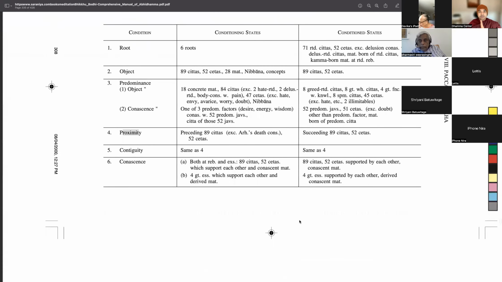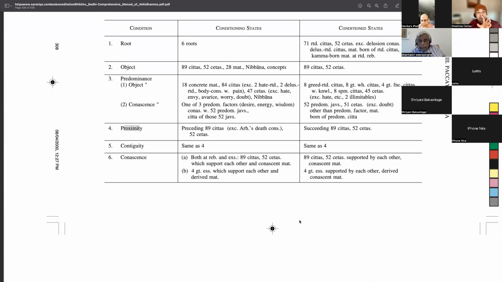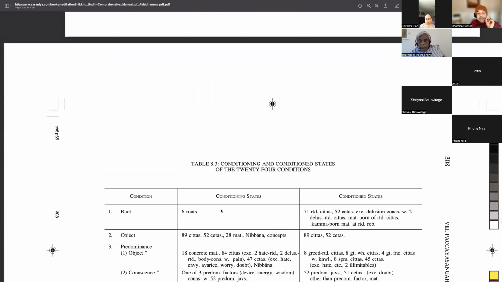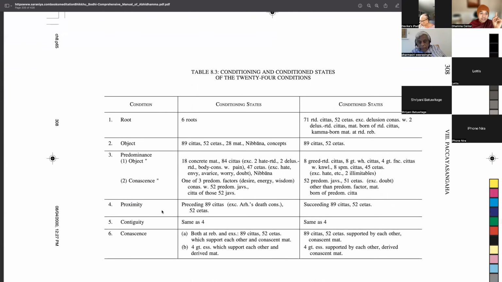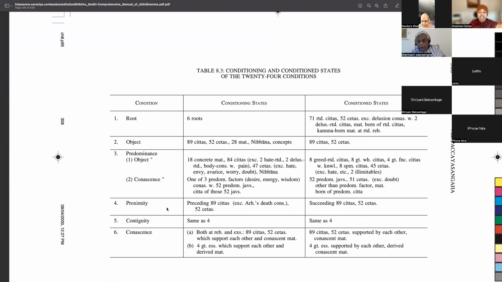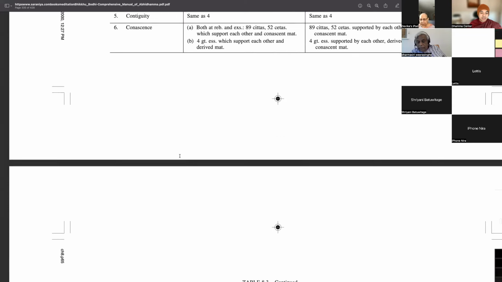Now that moment has mutuality condition in it, association condition in it, anantara pachcha in it, and arammana pachcha in it.